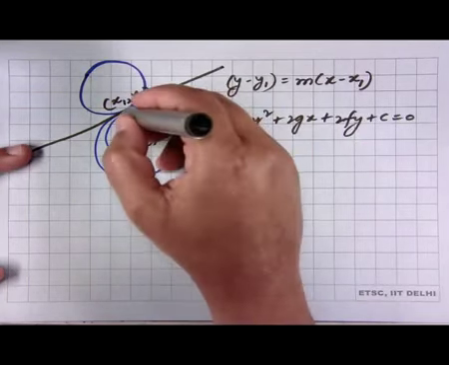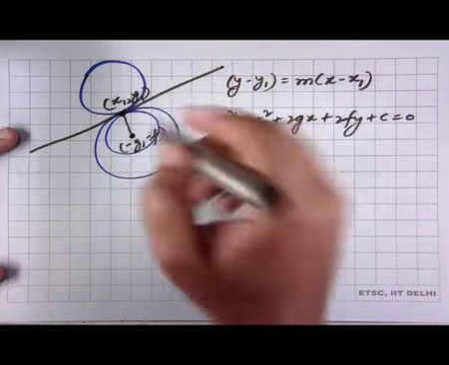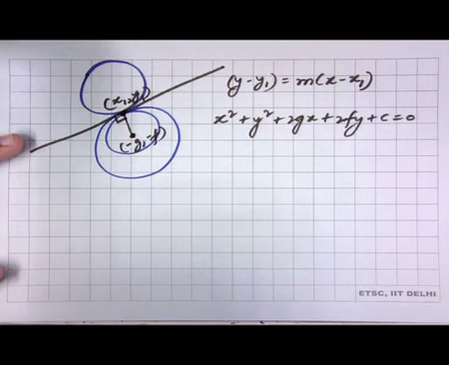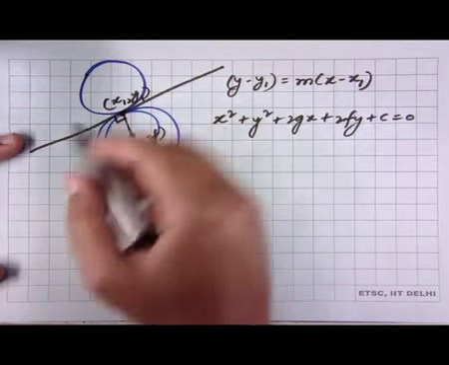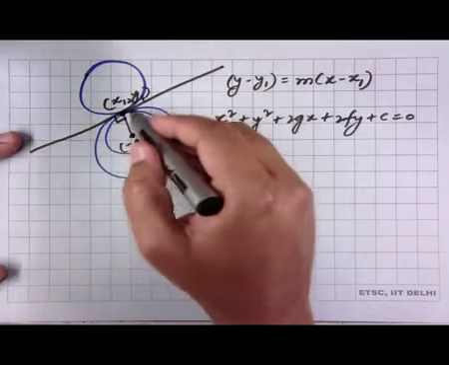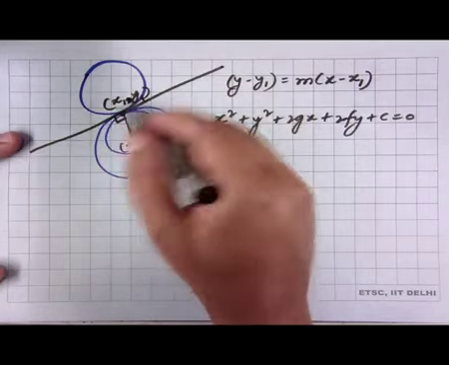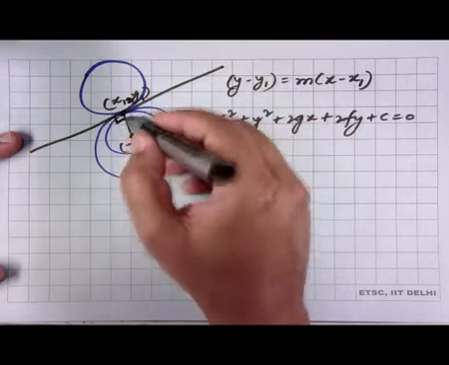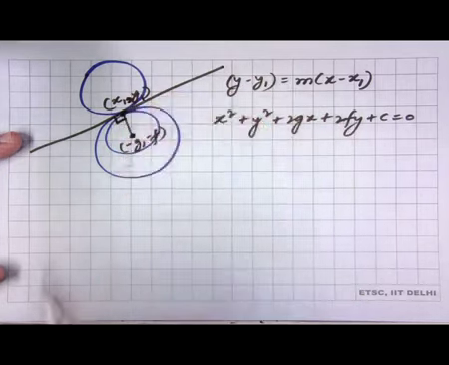So, obviously, if we join the center and this point x1, y1, then this angle is 90 degrees, because since this circle touches this straight line at x1, y1, the straight line is actually a tangent to the circle at this point.